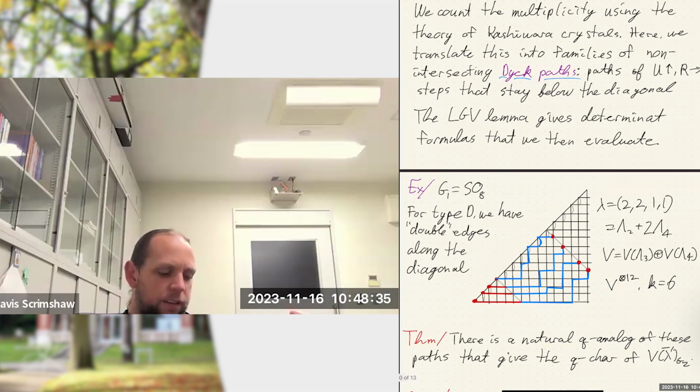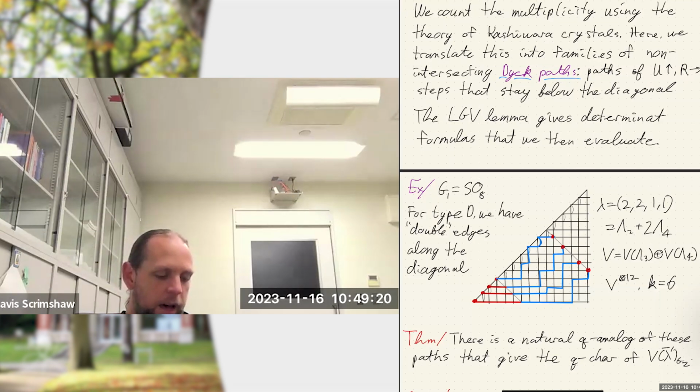And all of these cases are going to essentially look like this, where we start our paths tucked into the corner here. Because of the non-intersecting condition, this corner is completely fixed. And then after some number of factors, which depends upon our tensor power up here, we're going to end along some diagonal, and those endpoints there are going to determine our partition lambda that we want.